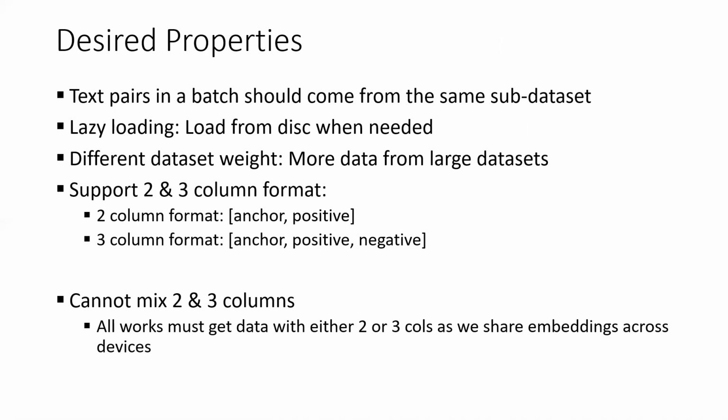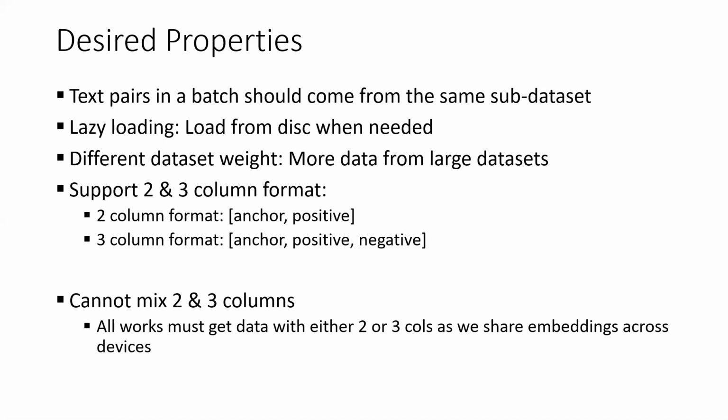So we have some desired properties on the data loading. First of all, text pairs in a batch should come from the same sub data set. So all 512 text pairs should come from Stack Overflow, for example, or from Traveling, or from Cooking. We want to do lazy loading, so we do not want to load all the data sets first into CPU memory, but read from disk when needed.